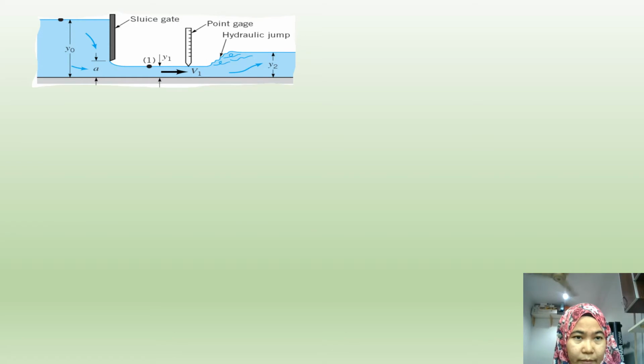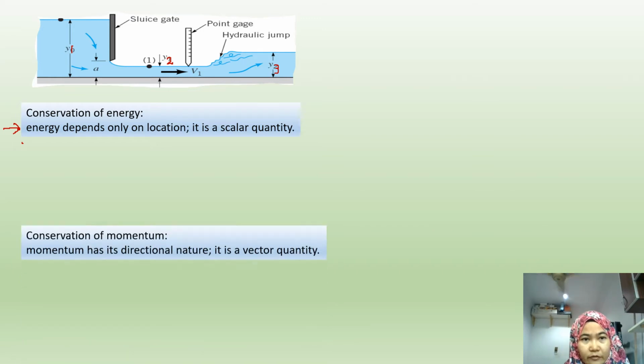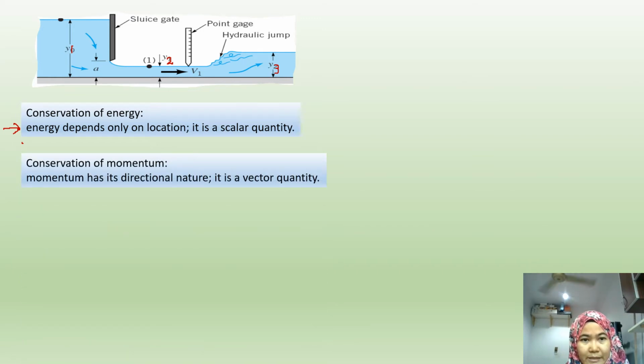So now from the previous figure we have y1, y2 and y3. If you follow the conservation of energy, energy depends only on location, so it's a scalar quantity. However, for conservation of momentum, momentum has its directional nature, so it's a vector quantity.